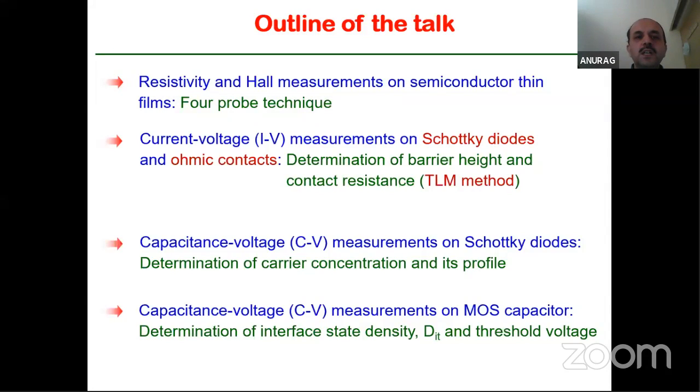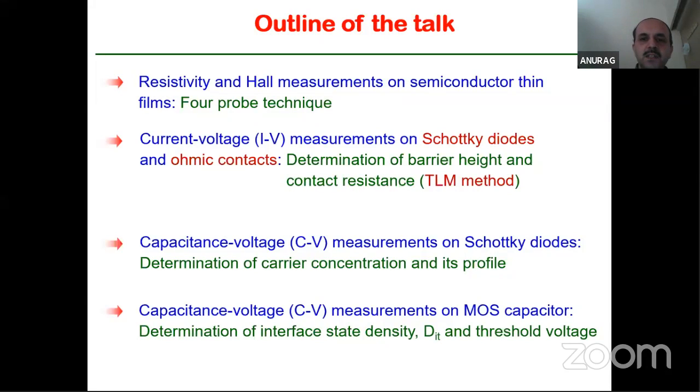So I will talk about the ohmic contacts and what are the parameters by which we can characterize an ohmic contact. We can say this is a good ohmic contact or not. And then Schottky diodes. The IV measurements of a Schottky diode, it's a device which is used in many applications: photodetectors, switching diodes, high power switching diodes, and mixers.